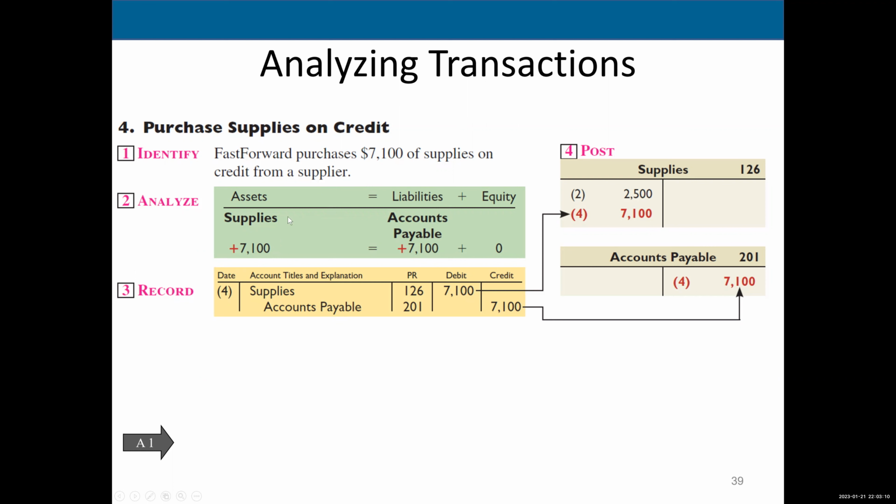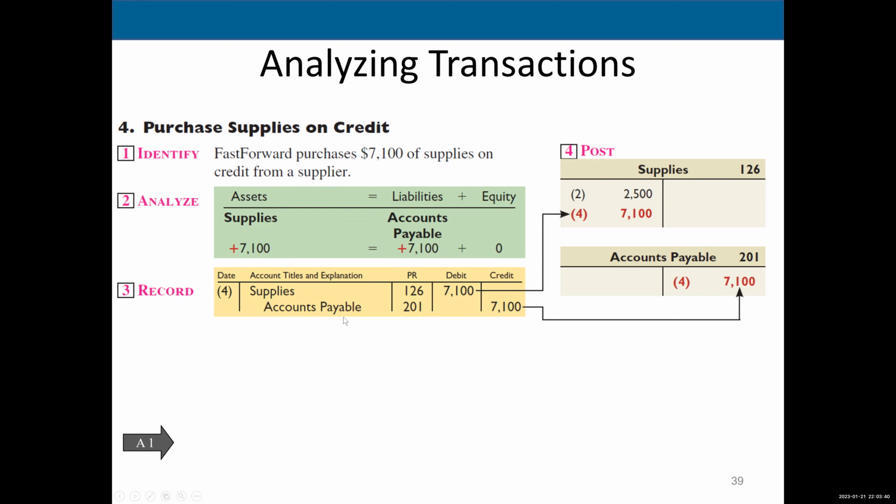All right. Well, let's journalize this. We know that to increase an asset, we debit. So we're going to debit the supplies for $7,100. Now, how about the accounts payable? Well, that's a liability. And how do you increase a liability? Well, it's not part of debits, is it? So we're going to increase it with a credit. So credit accounts payable by 7,100.